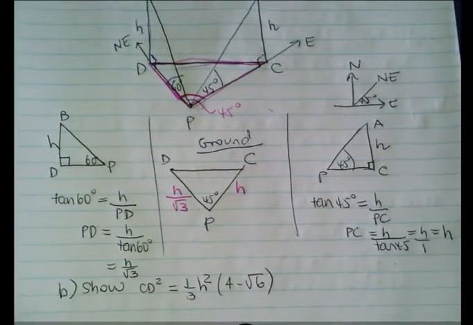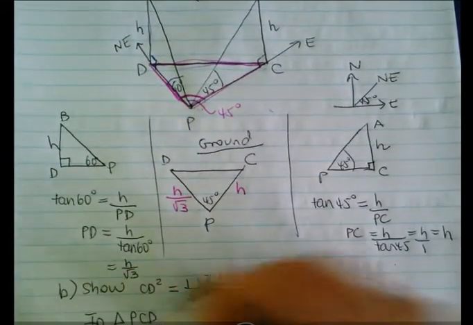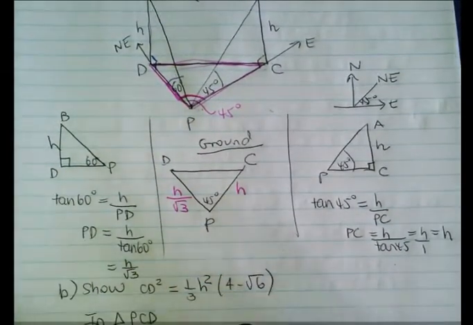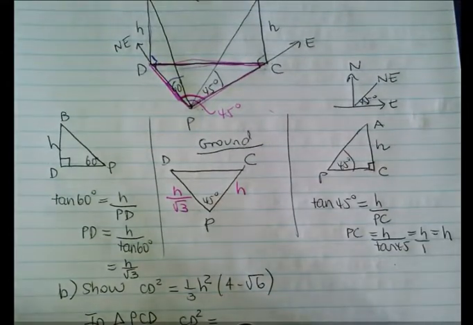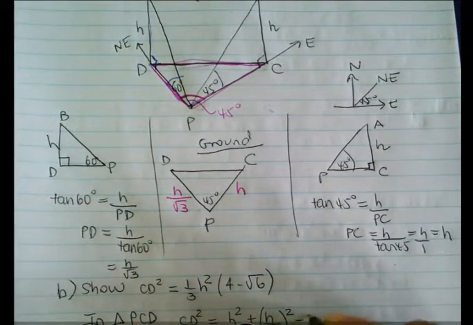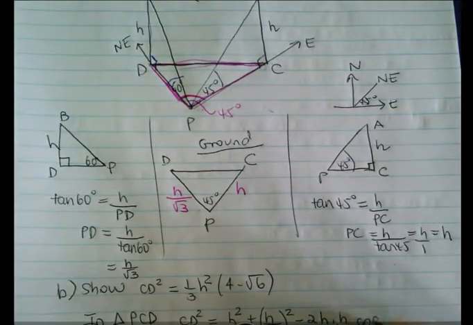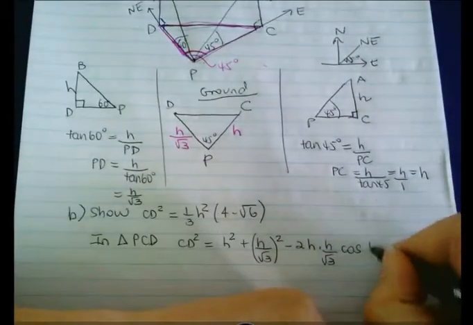So let's go. So now in triangle PCD, we're going to use the cosine rule. So CD squared equals, do you know what to do? H squared plus H over root 3 squared minus 2 times H over root 3 times the cos of what? 45?